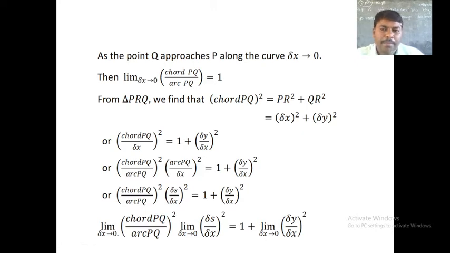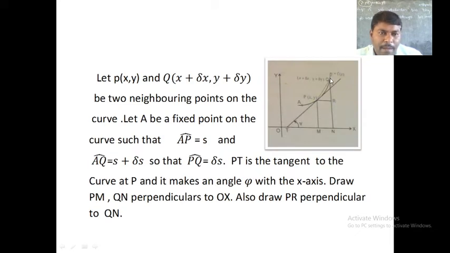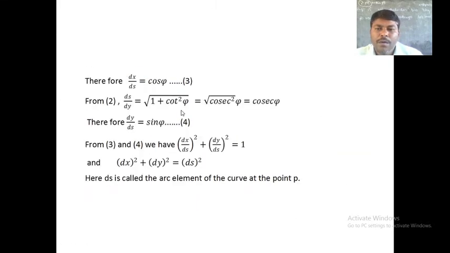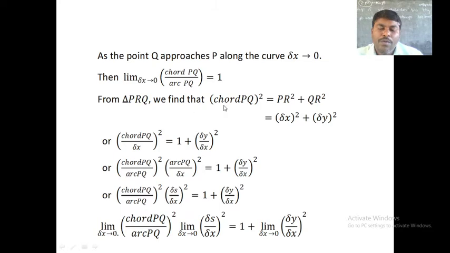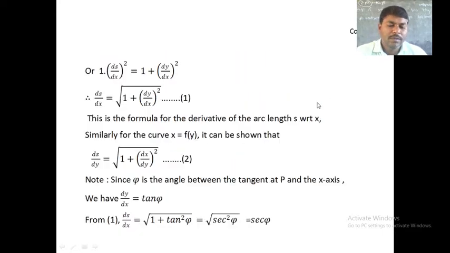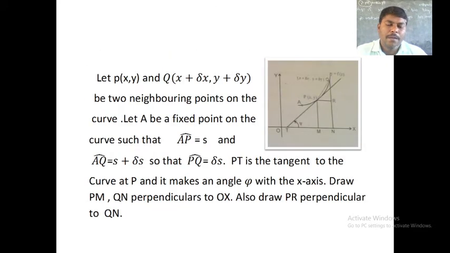From the triangle PRQ, we find that chord PQ whole square is equal to PR square plus RQ square.